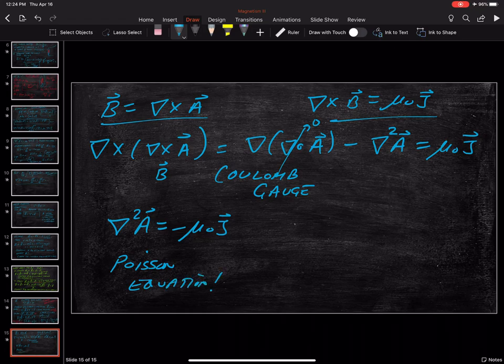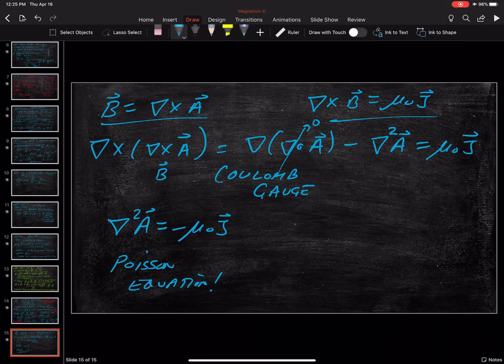It's really 3 Poisson equations, one for x, one for y, and one for z components of A. And so having those gauge transformation ideas makes this very, very simple. And it's very simple because we've solved this already.